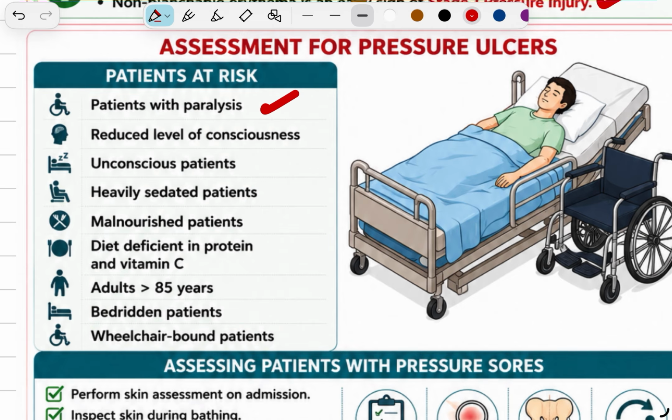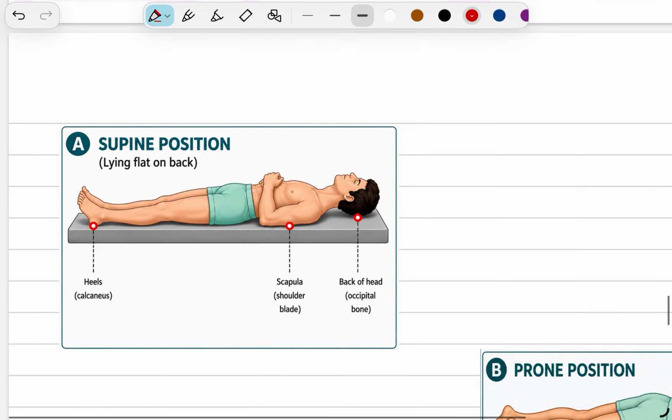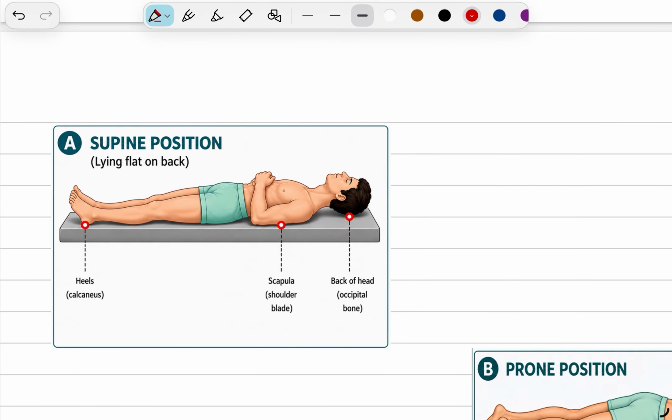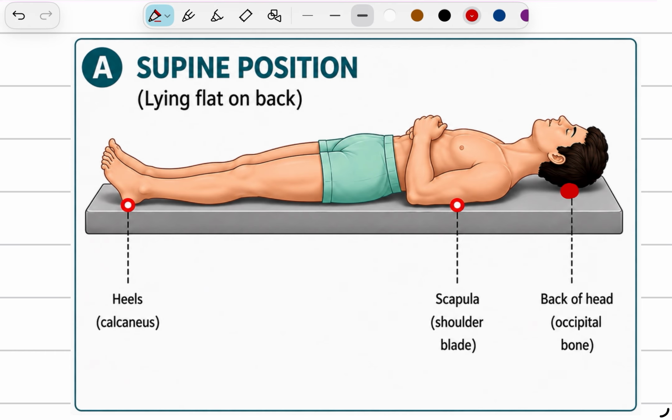Now coming one by one, which is the most common site to get an ulcer in the supine position? That is the occiput area, the back of the head. The occiput area will get an ulcer because you are resting on your bony prominences.